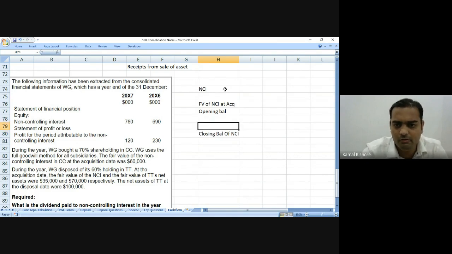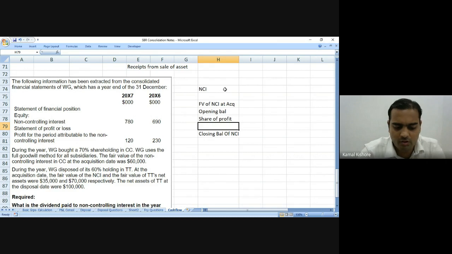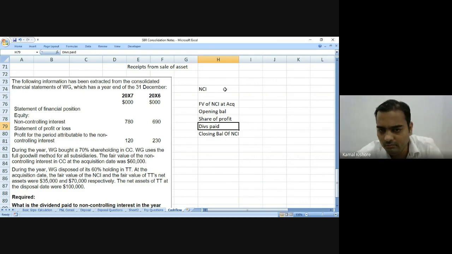In between, what will happen is share of profit will be there, and then finally you will have dividends paid. This will be the only thing. Share of profit will be an adjusted number, because all the adjustments will go in that: goodwill impairment, current year profits, then share of unrealized profit. If it is an upstream transaction where the subsidiary is selling to the parent company, then the subsidiary's books will have unrealized profit.